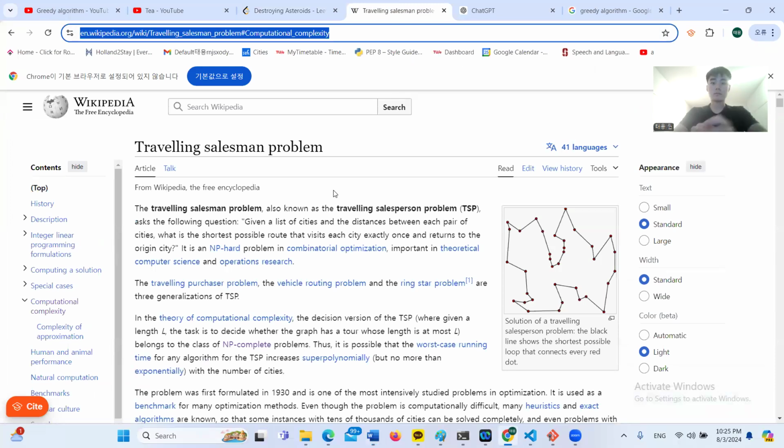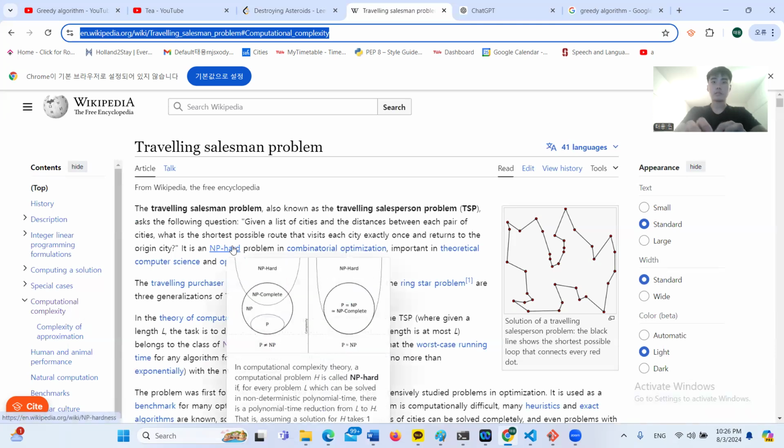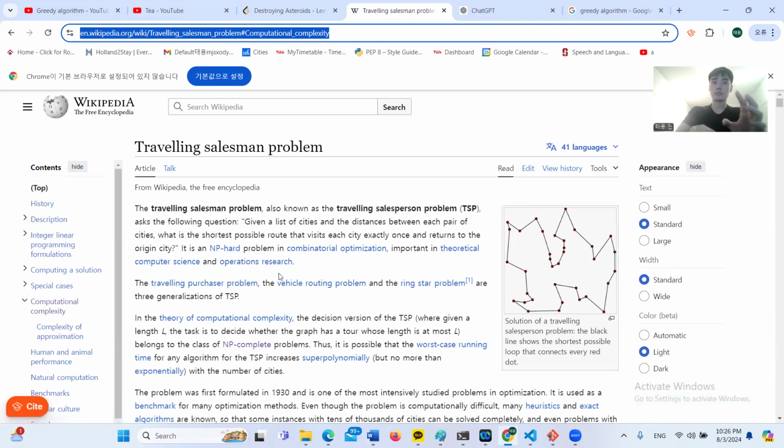If you study computer science or a related field, this type of problem is used to teach you algorithmic complexity like NP hard, NP complete. This one is an NP hard problem. So what is NP hard? It's where it can be solved in non-deterministic polynomial time. We're not going to go deep into this, but just know that it's an NP hard problem.